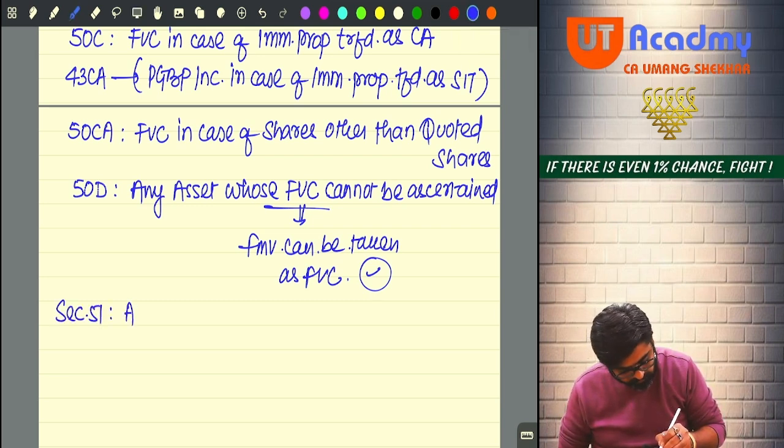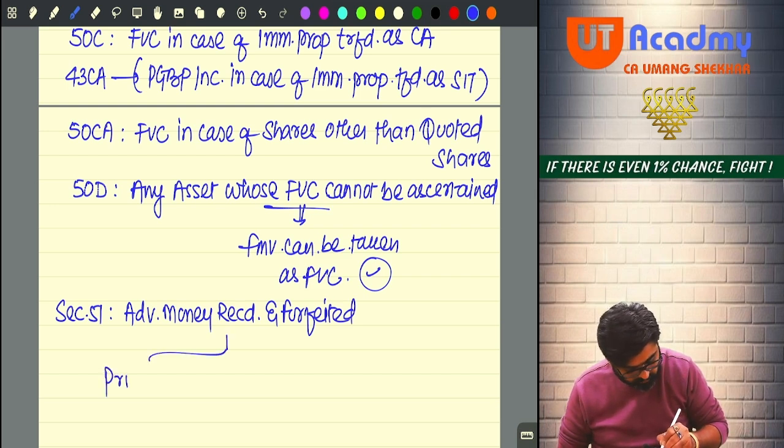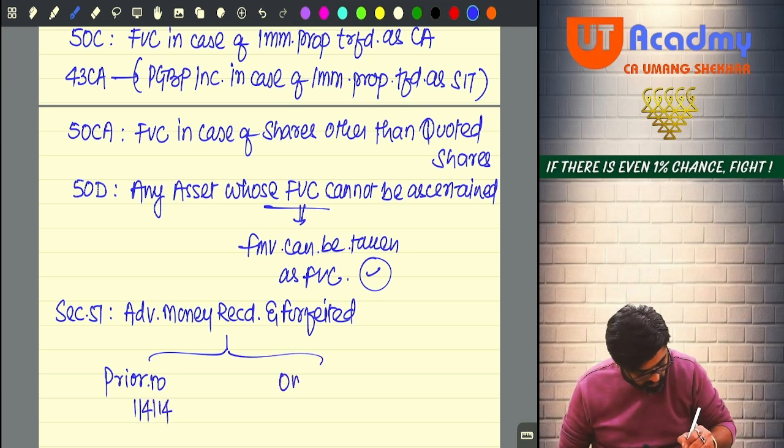Section 51: advance money received and forfeited. If it is prior to 1/4/2014, or it can be on or after 1/4/2014.